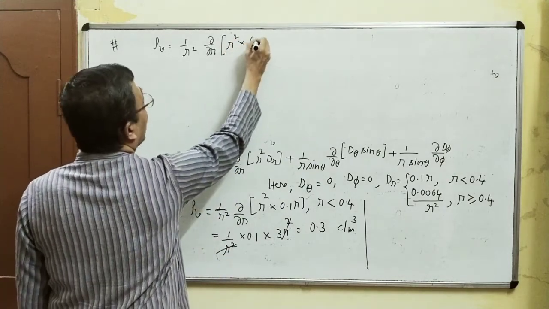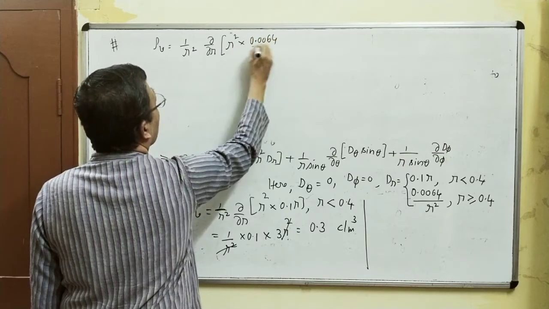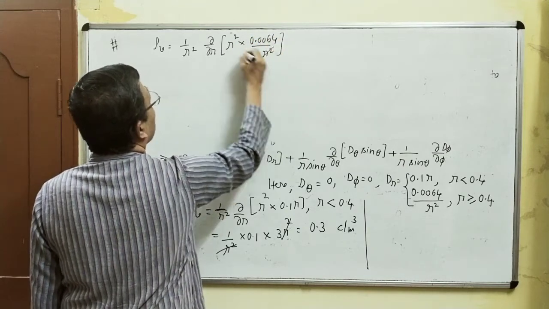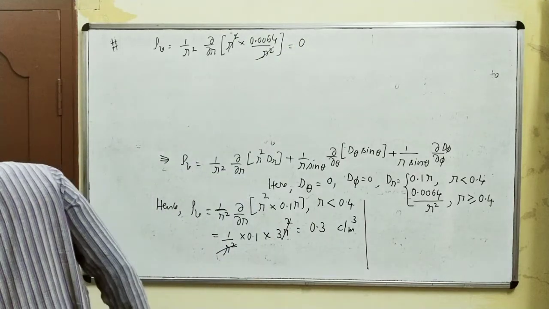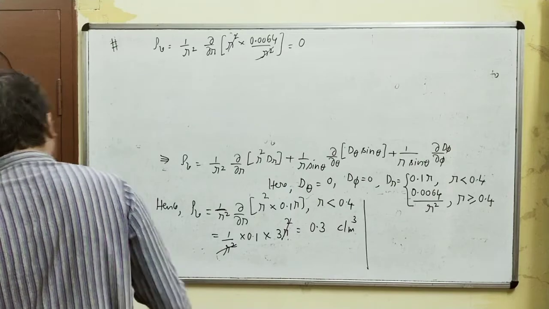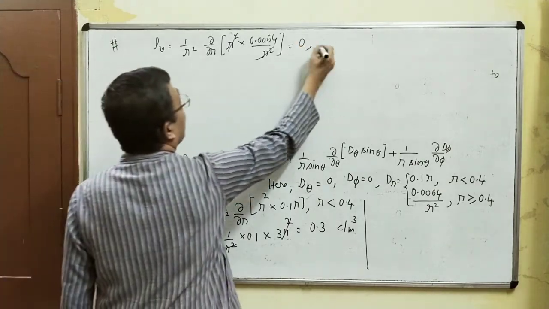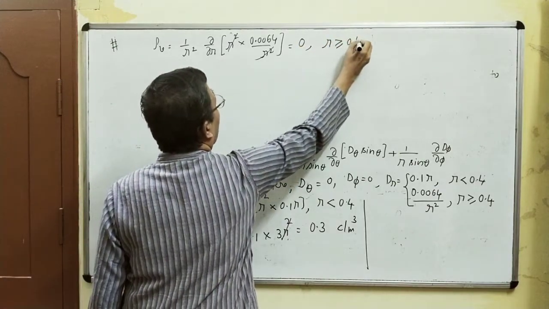Dr is 0.0064 divided by r square. R square cancels. If you differentiate a constant with respect to r, it is 0. Hence, this is the expression for r greater than or equal to 0.4 meter.